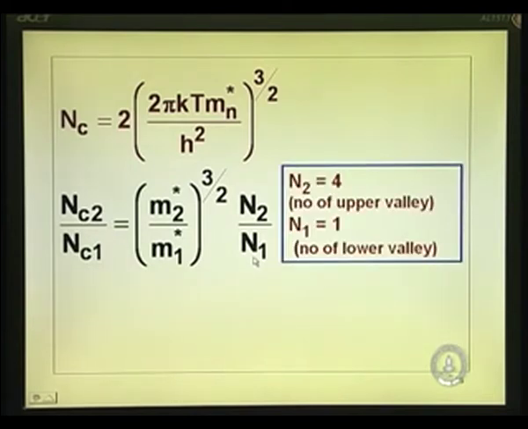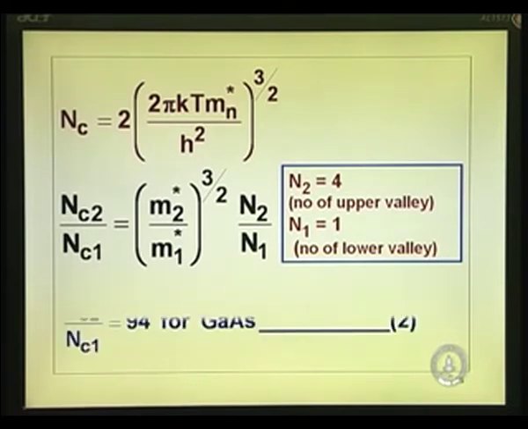So N2 is 4 and N1 is 1. This is slightly getting into a little bit of physics, but we borrow those results from the physicists, and it comes from the Brillouin zone analysis. Now, M2 star is 0.55 M0, M1 star is 0.067 M0, and N2 by N1 is 4. You plug in all that and this is 94 for gallium arsenide. For different materials that will be different. So that is 94.